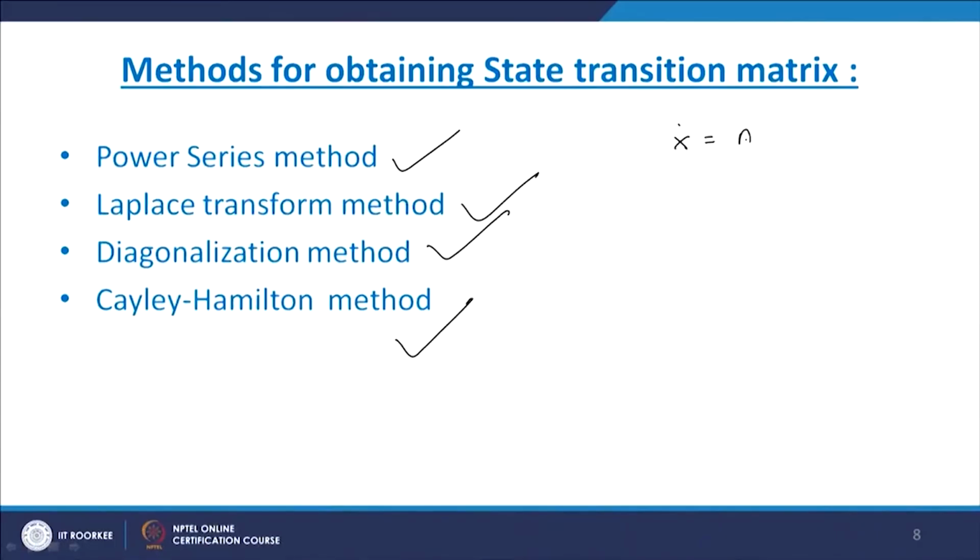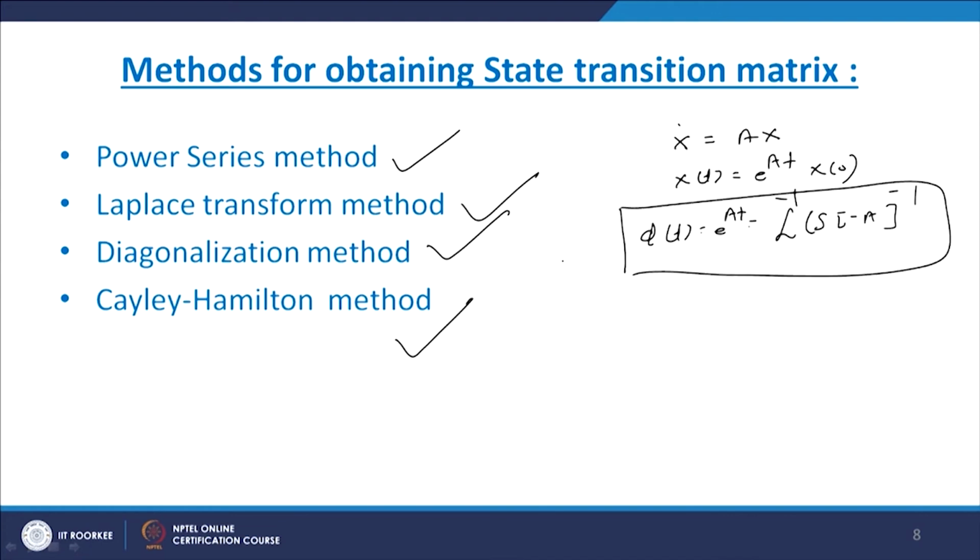We have already seen this approach earlier to get the state equation, that is x dot equals Ax, x of t equals e raised to at into x naught, and phi of t equals e raised to at equals Laplace inverse of (sI minus A) inverse. By means of this, we can calculate the state transition matrix using the Laplace transform method, that is you have to take (sI minus A) inverse.